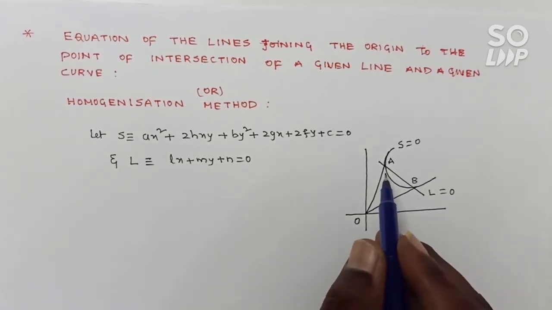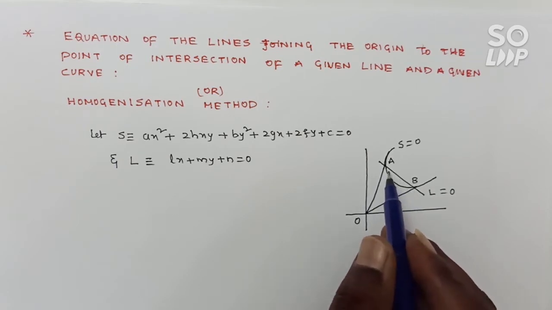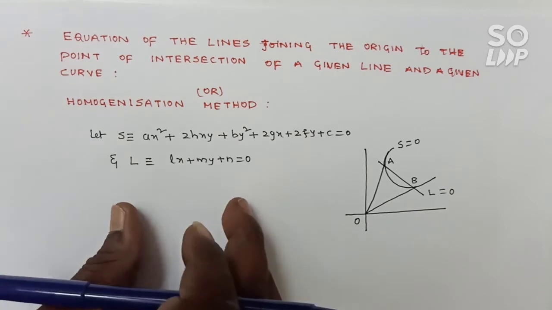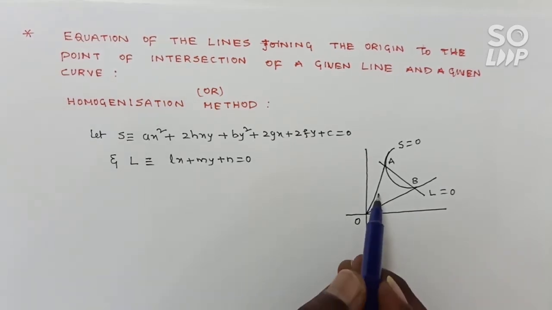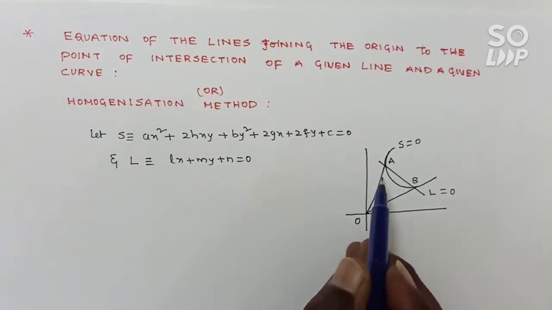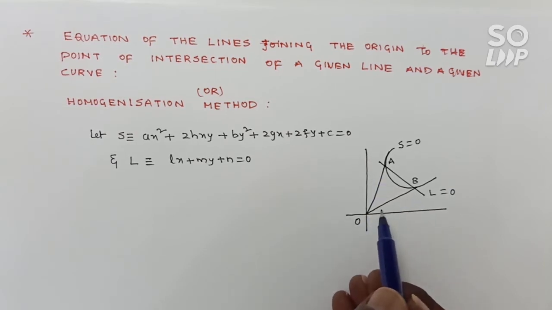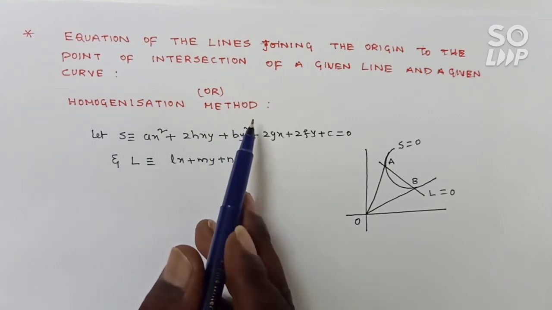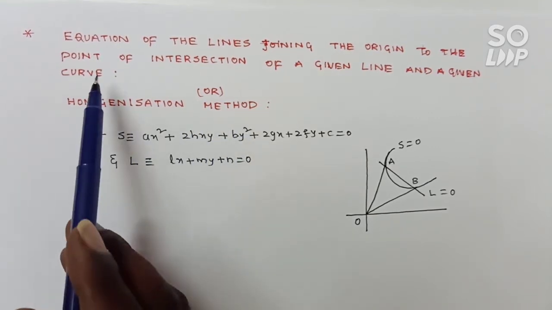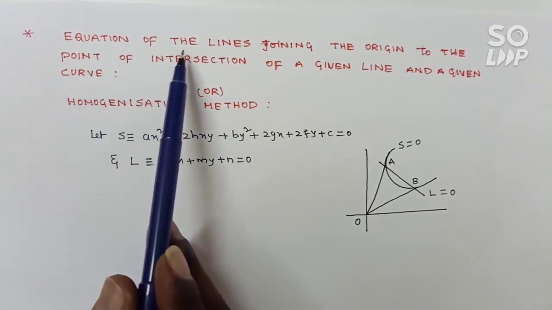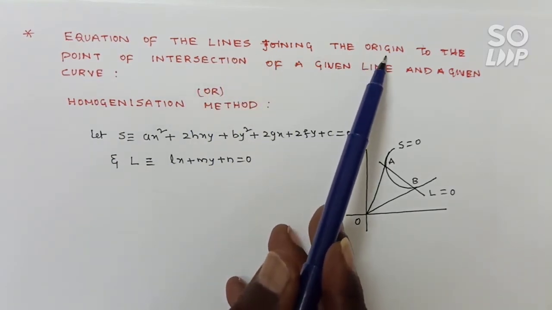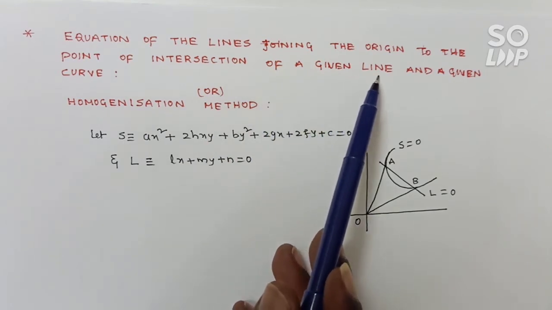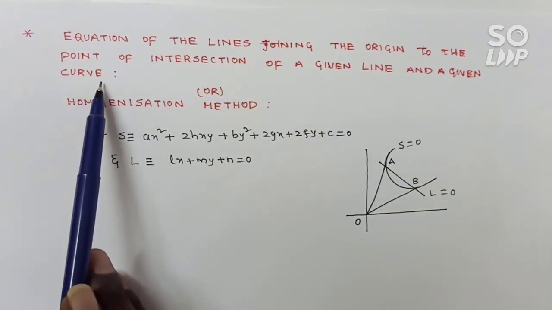Now when we join these two points of intersection with the origin, the procedure to find the combined equation of OA and OB is nothing but the homogenization method. Or, another statement: the equation of the lines joining the origin to the points of intersection of a given line and a given curve.